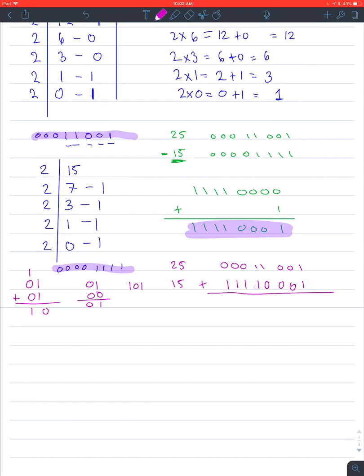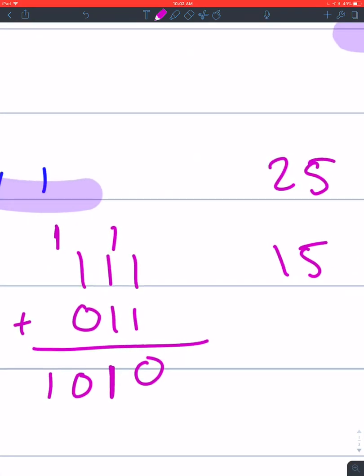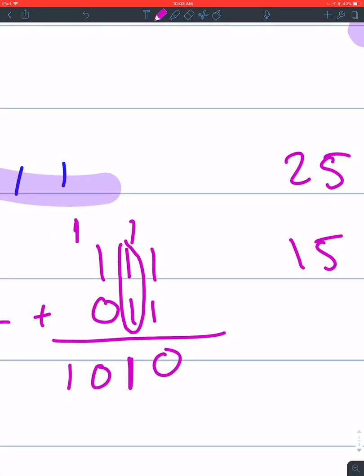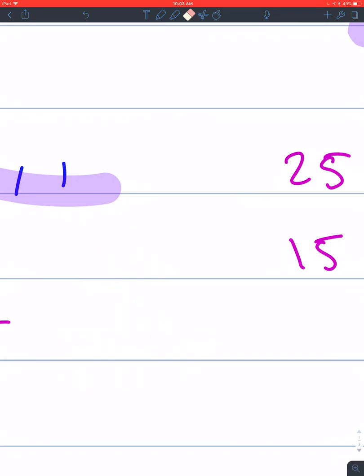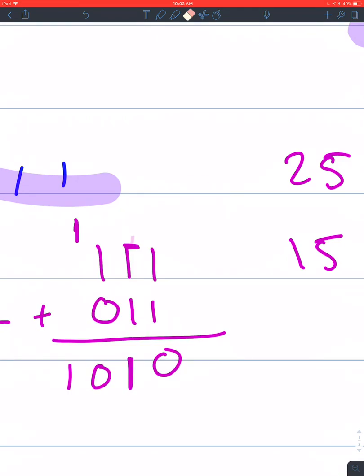If I had this, it's 0, carry a 1. Now I have 2 1s and another 1. So it's going to be a 1 here and a 1 and 0, carry a 1. Because these 2 1s here, 1 and 1 is 0, carry a 1. But I have this leftover 1 up here, so just change that into a 1. That's all there is to it.